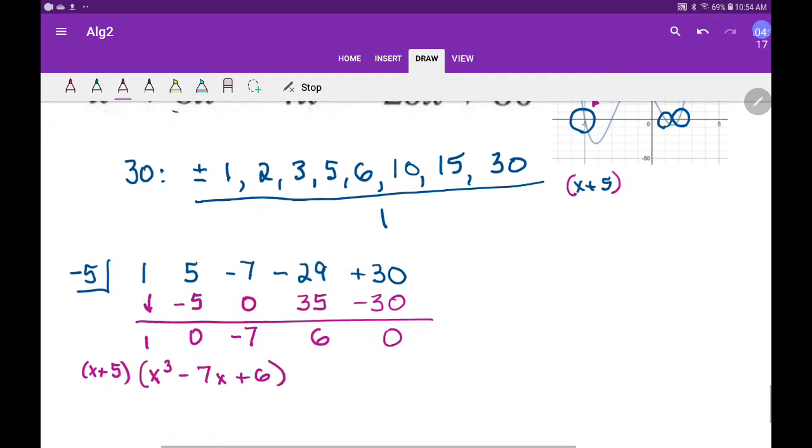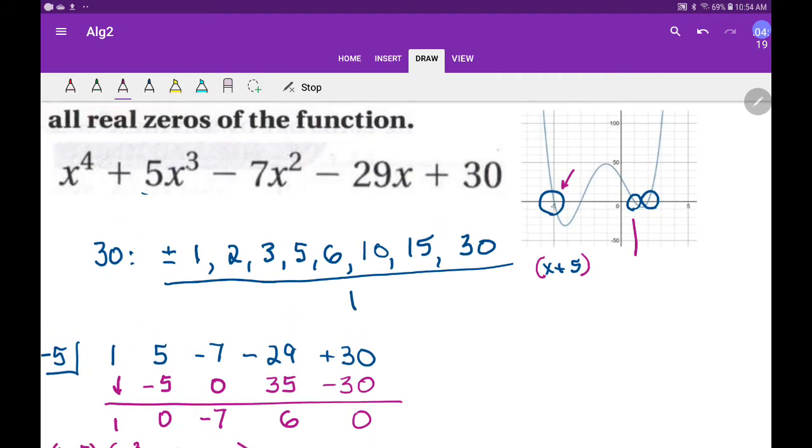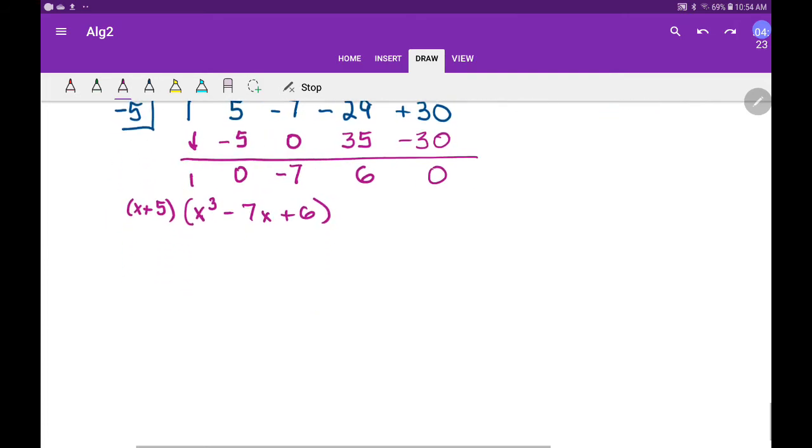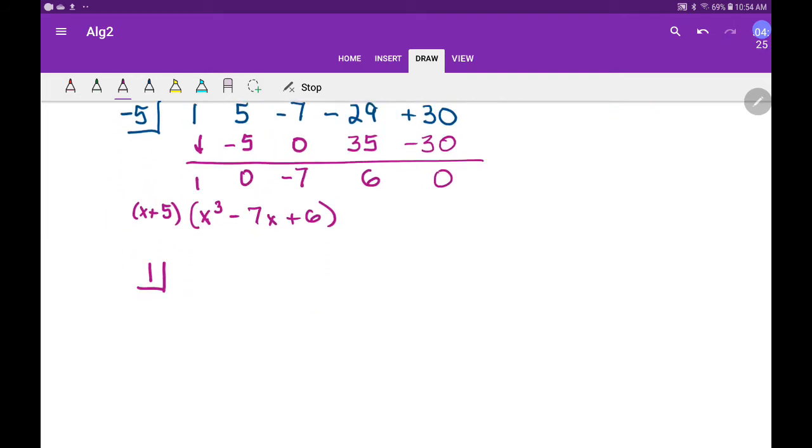1. Let's use a nice easy number like 1. You see that 1 there? Let's use that one. Okay. So we'll say 1 with these leftovers. Here are my leftovers. So I'm going to say 1, 0, negative 7, 6. Okay.